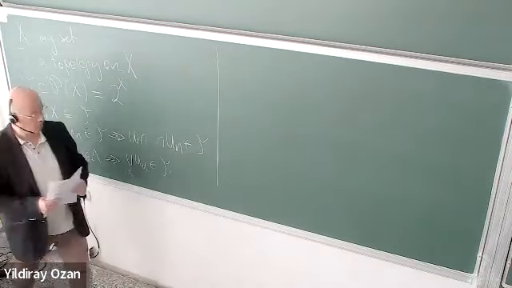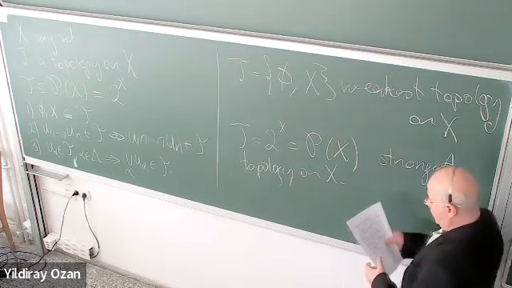Okay, now this thing is the smallest topology, weakest topology, on X, and you may take the whole power set, the collection of all subsets, that's the strongest topology on X. Okay.